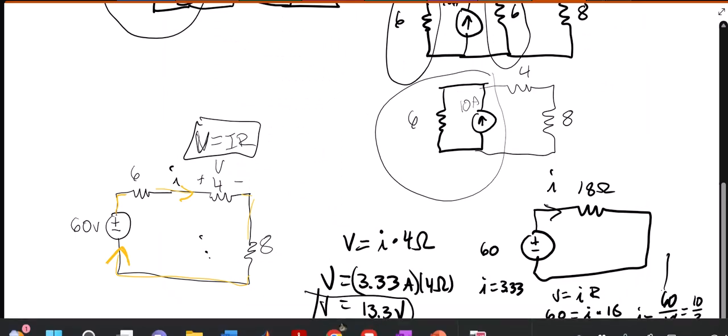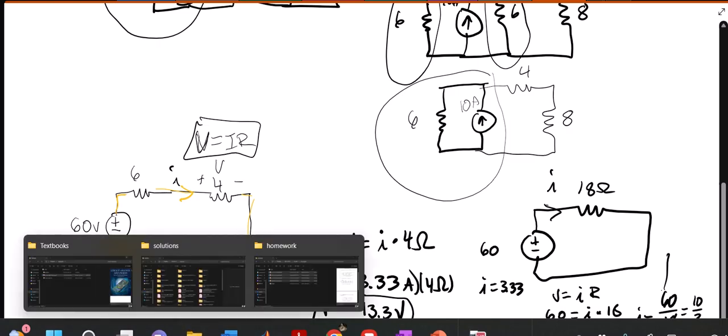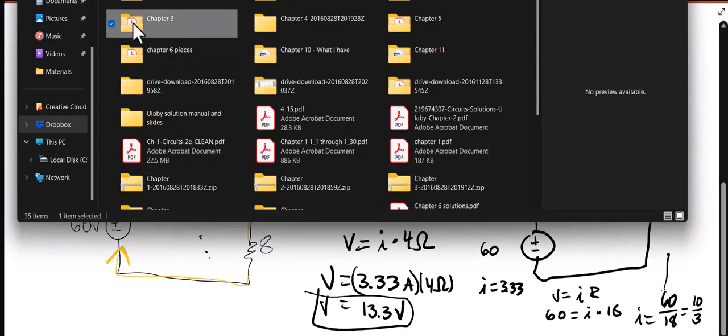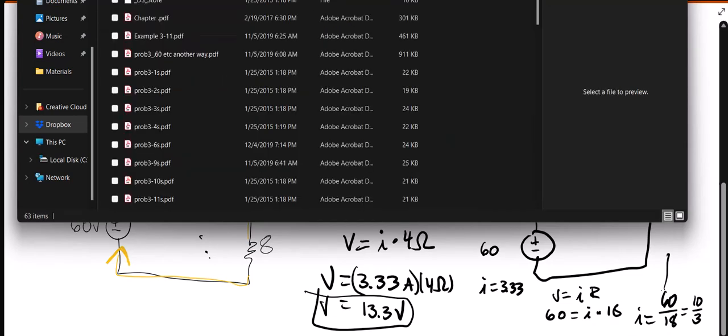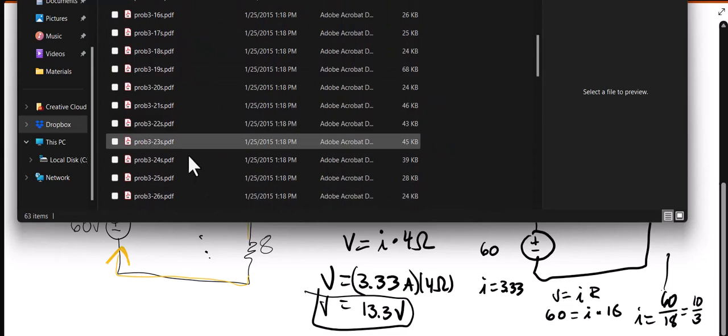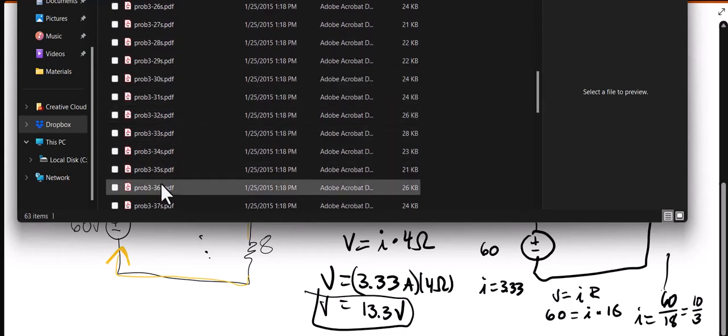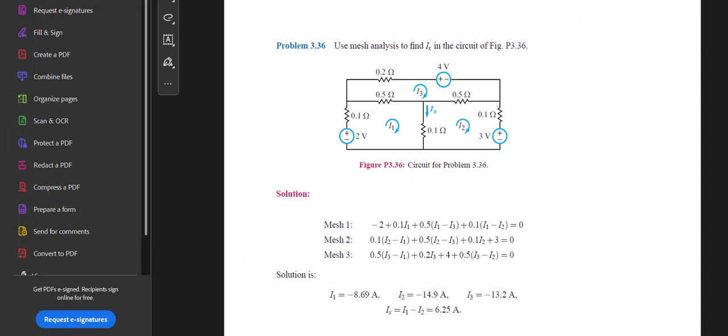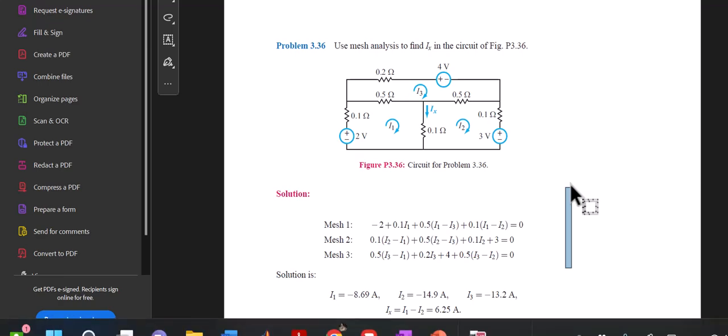Now let me check it and see how many mistakes I made, because that's what I do. This was problem 336. That's not 336. It was 236. Although 336 looks like a good mesh problem, so I might do that one next.